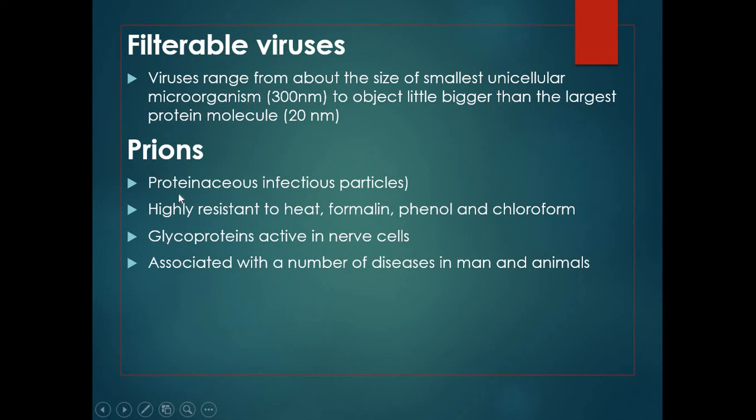Prions, proteinaceous infectious particles, are highly resistant to heat, formalin, phenol and chloroform. They are made up of glycoproteins, which are also present as receptors in nerve cells, and are associated with a number of diseases in man and animals, for example mad cow disease.